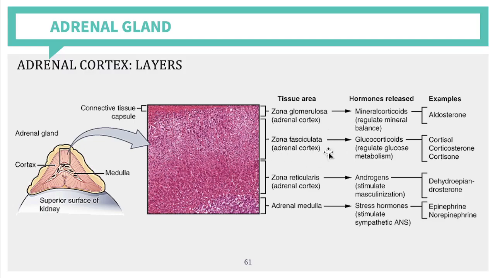Zona fasciculata produces your glucocorticoids: cortisol, corticosterone, and cortisone. Zona reticularis produces your androgens, which stimulate masculinization, specifically dehydroepiandrosterone.